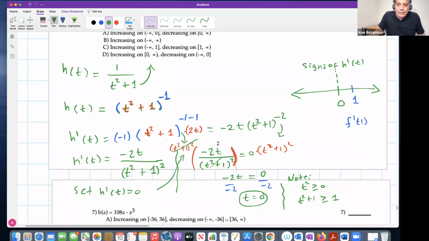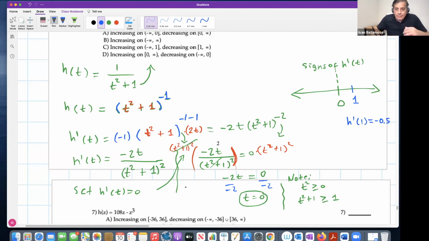For test point 1, the derivative of the function h should be equal to 1 substituted into the derivative. Look, 1 squared is 1, plus 1 is 2, 2 squared is 4, negative 2 times 1 is negative 2, negative 2 over 4 is negative 1/2. So negative 0.5.